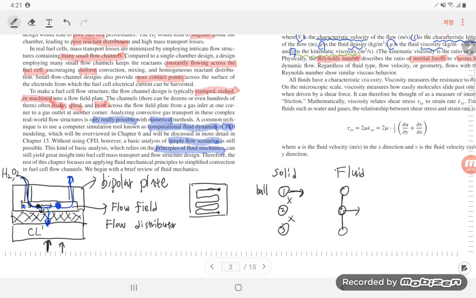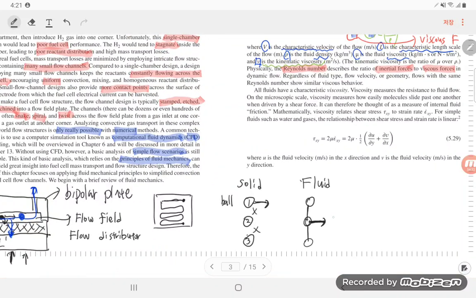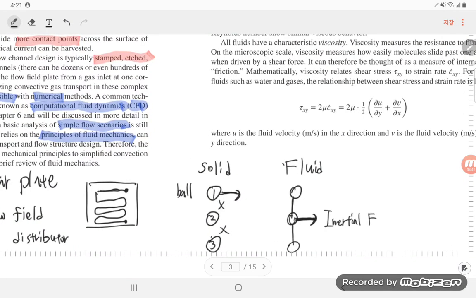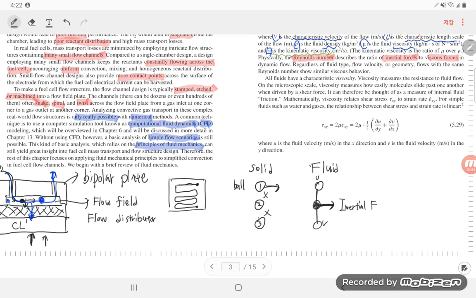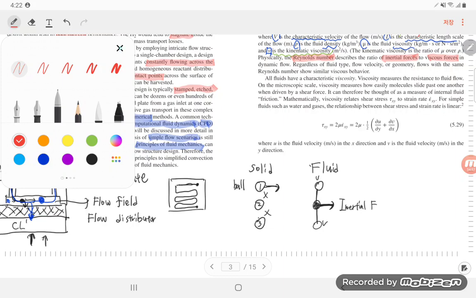They interact together. So this force is the inertial force. But this molecule wants to go to the right side, while these stagnant molecules attract it so it doesn't go to the right direction.